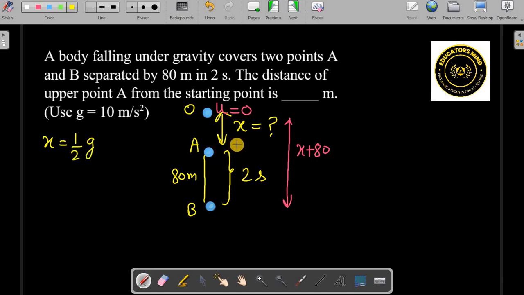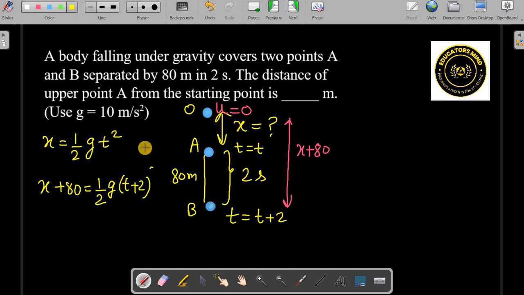Here we don't know the time, so let's say time is taken as t. So here the time will be t plus 2. So half g t square, and then x plus 80 will be half g (t plus 2) whole square. So we have equation 1 and equation 2.